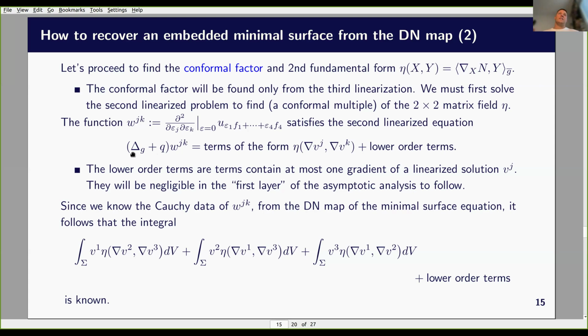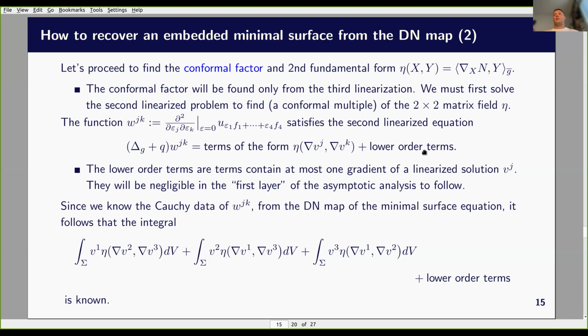Here on the left-hand side, you have the Schrödinger operator operating on this w_jk. And on the right-hand side, as source terms, you will have terms of the form eta, the unknown eta, which we now try to find out, applied to the gradient of v_j and the gradient of v_k. v_j and v_k are solutions to the linearized equation from the previous slide.